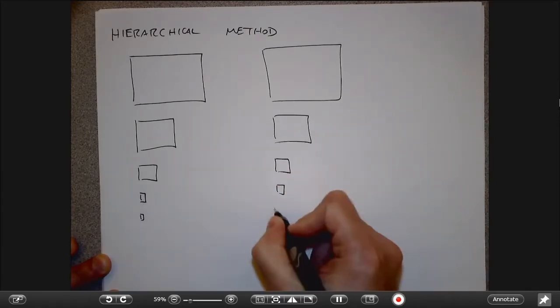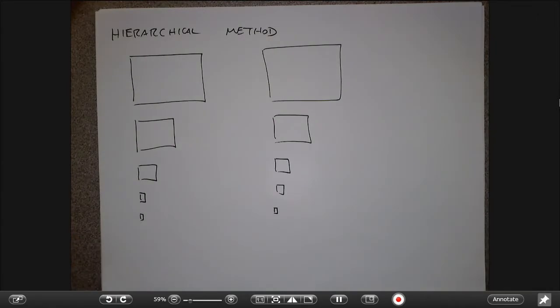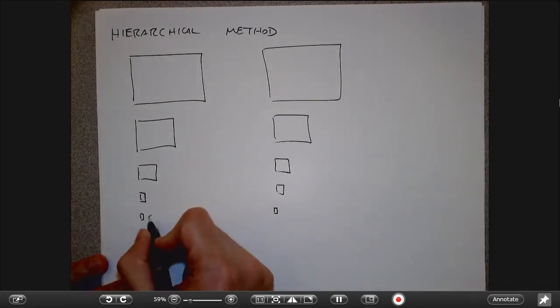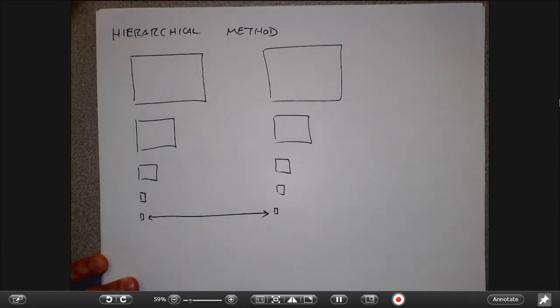The idea behind a hierarchical optical flow method is to make a pyramid of images, and then first compute optical flow between the two images at the lowest level, because these are really tiny, blocky images. You basically want to bring down your pyramid to the level where your flow vectors are on the order of a pixel.